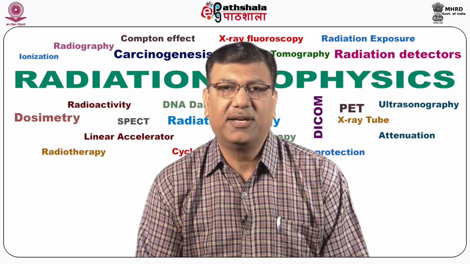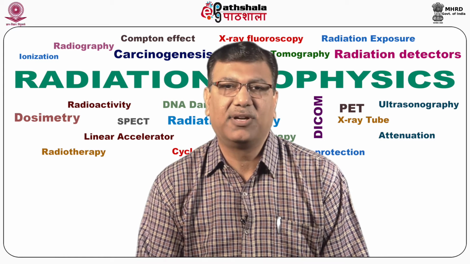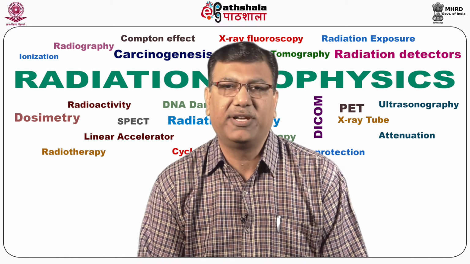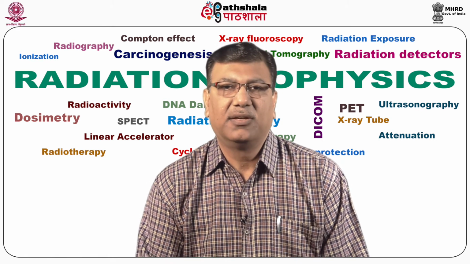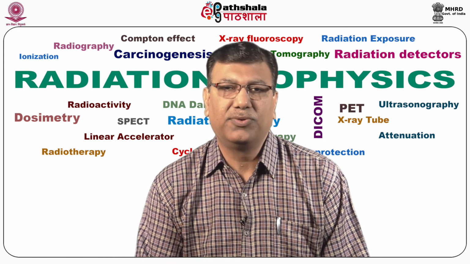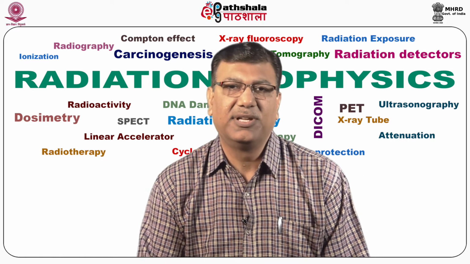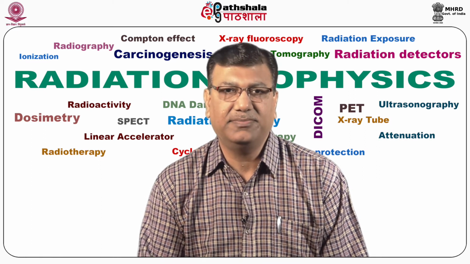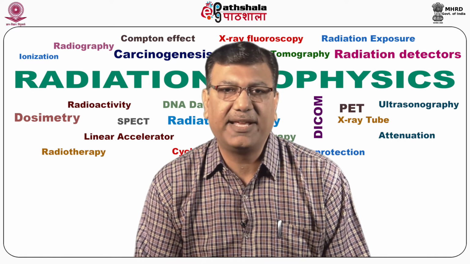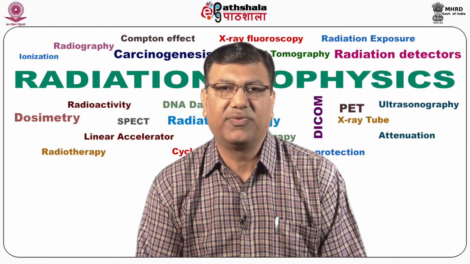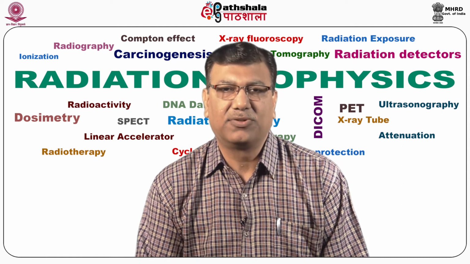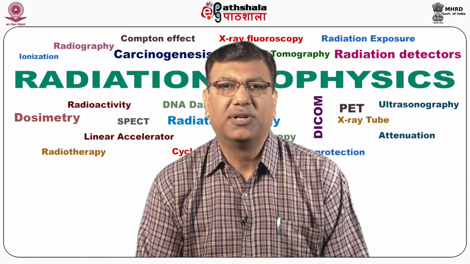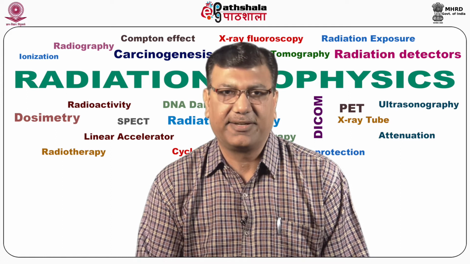We can modify the intensity; this is called IMRT, intensity modulated radiotherapy. We can fuse the two images, which is called image guided radiotherapy. 3D techniques are also used along with these. SRT and SRS treatment can also be delivered using a linear accelerator.